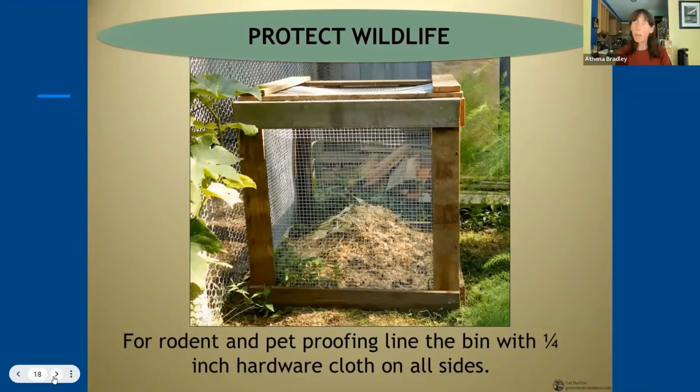Obviously, that's not practical for windrows and big piles. And again, for this bin here, and you can do this with all wood bins as well, put hard wire cloth around that. And we have bin design specifications that we can show you on those.